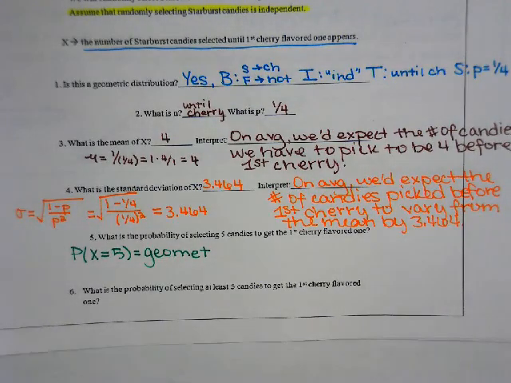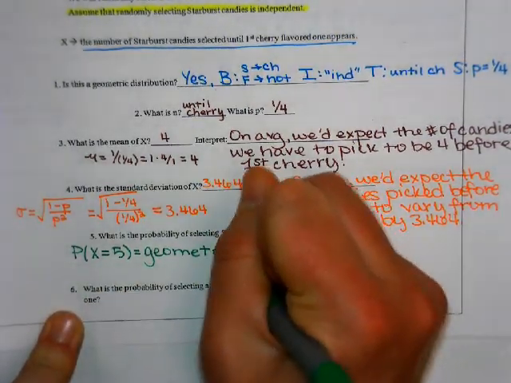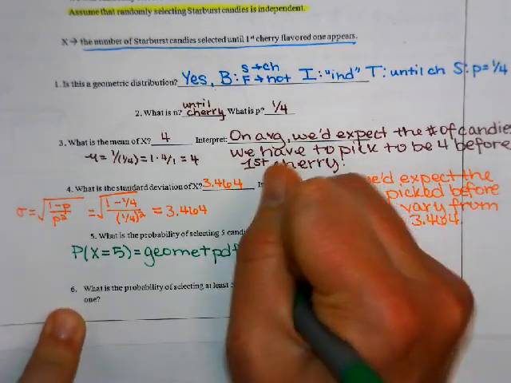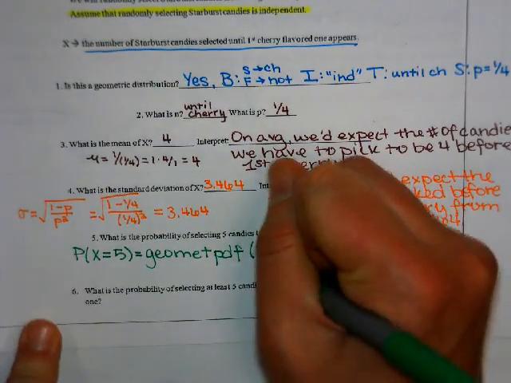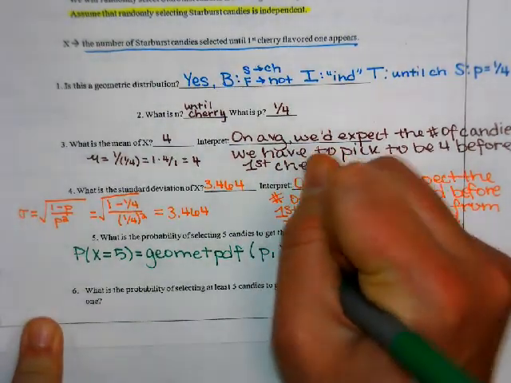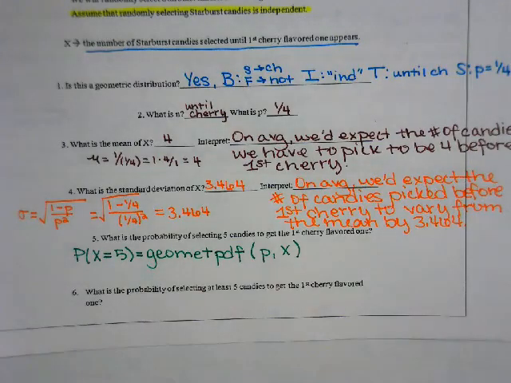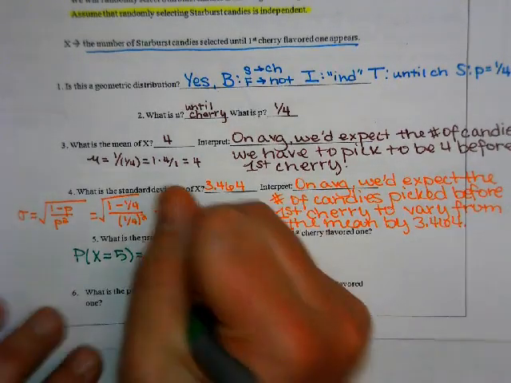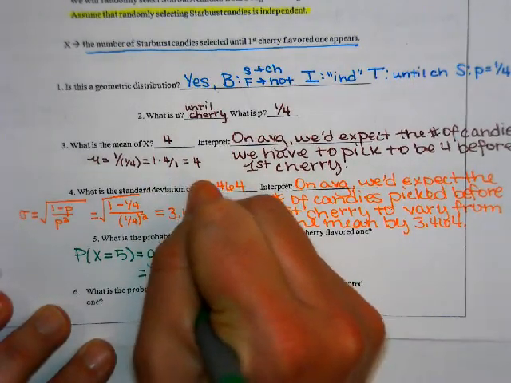Newer calculators are going to prompt you for the probability of success and the X value you're interested in. If you have an older calculator, it's the same thing, just put the commas in between. So our probability of success is 1/4, and we're interested in X being 5, that it took 5 candies until we got that first cherry.